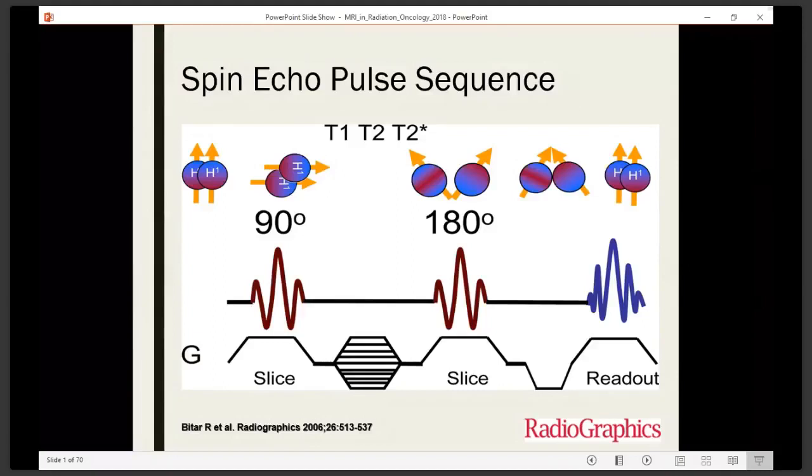It's acquired at a time that's twice the time from the 90-degree pulse to the 180-degree pulse. And you have your slice select and your phase encoding and your readout going on as well. And you can adjust this sequence so that you highlight T1 or T2 contrast.